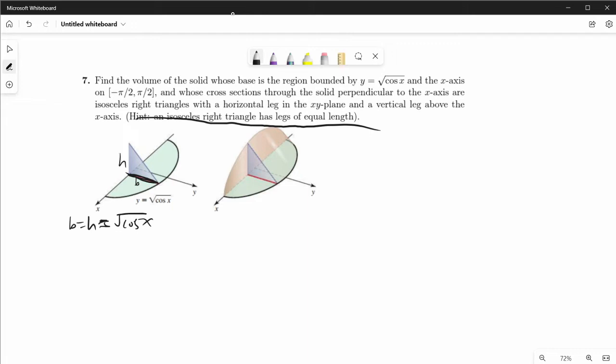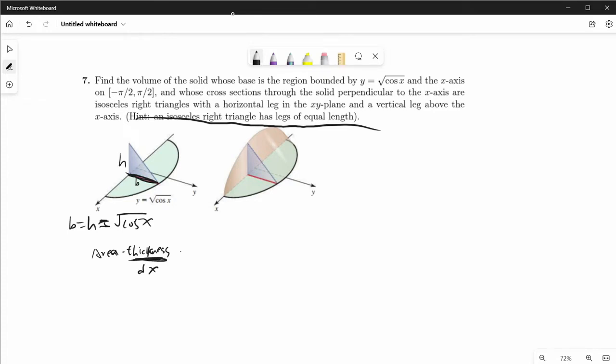Then think about how the volume is created. It's like really small individual slabs of isosceles triangle. So we do the area times the height, or rather the thickness, which is just dx.